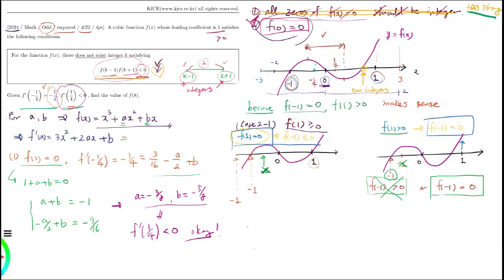However, for the second case, where f of negative 1 is 0 and f prime of negative 1/4 is negative 1/4, here you have an equation of negative 1 plus a minus b equals 0.